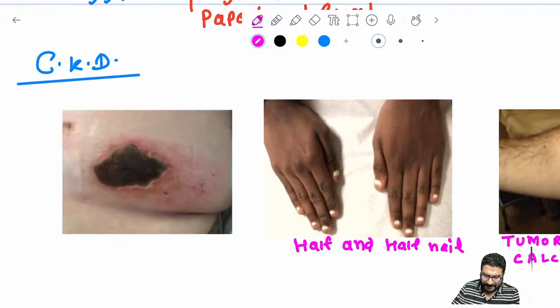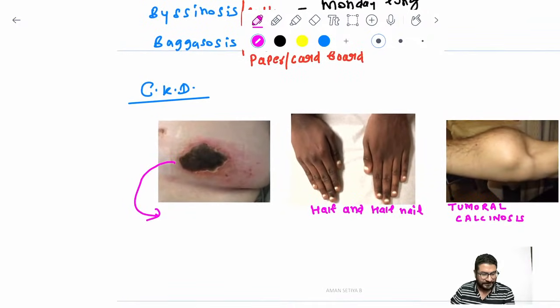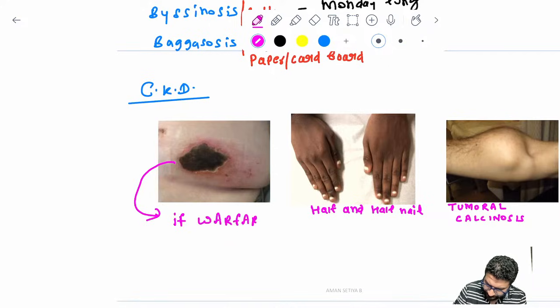And what is this? Anyone, who will tell me? This question came in the UPSC CMS exam, expected in FMGE and NEET PG. It is not a scar. You can see there is a necrosis inside, a necrotic core. Whenever you give warfarin to a patient, then what do we call this?